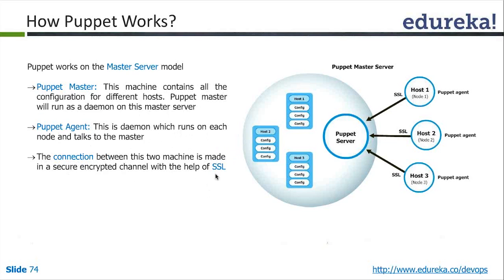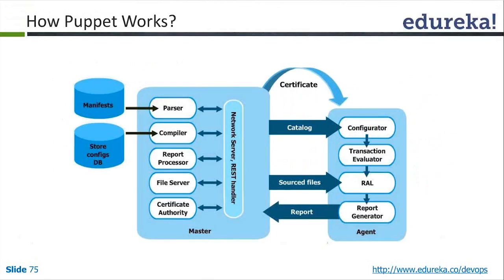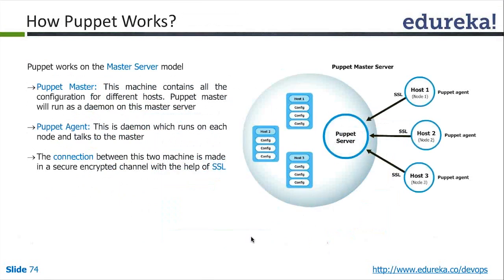Now, one tool which sits in between all of this is the tool that actually tells you how much it can scale. It's called the middleware. There is a middleware connecting your Puppet master and your Puppet hosts.